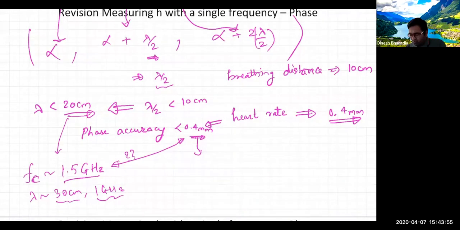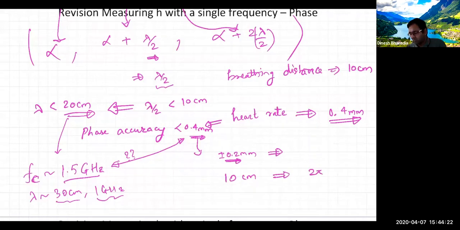Okay, great. So 0.4 millimeter would ideally make it plus or minus 0.2 millimeter, which is the resolution I want. 0.2 millimeter will be how many degrees in phase? So let's do a calculation. What we understood is 10 centimeter is equal to 2 pi.